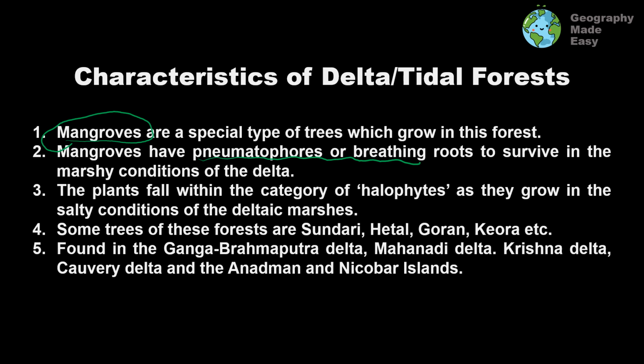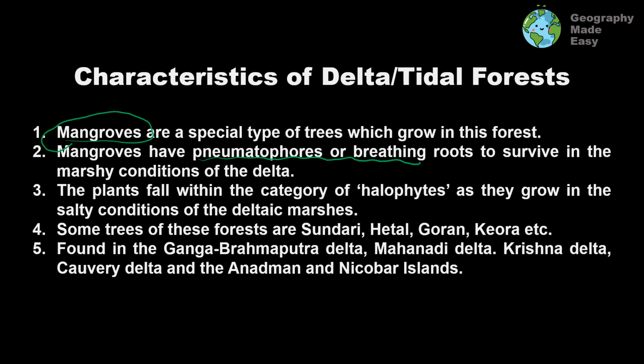The mangroves are the species which have pneumatophores because these forests are constantly getting submerged during the high tide and again coming out during the low tide. So if a normal tree grows in this condition, the roots will rot, but in case of pneumatophores, the plant has modified its root so that it can survive in this condition.